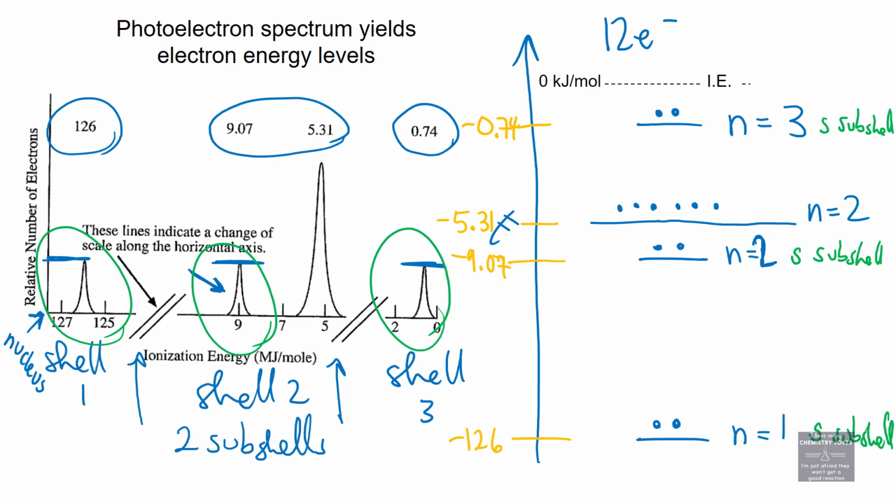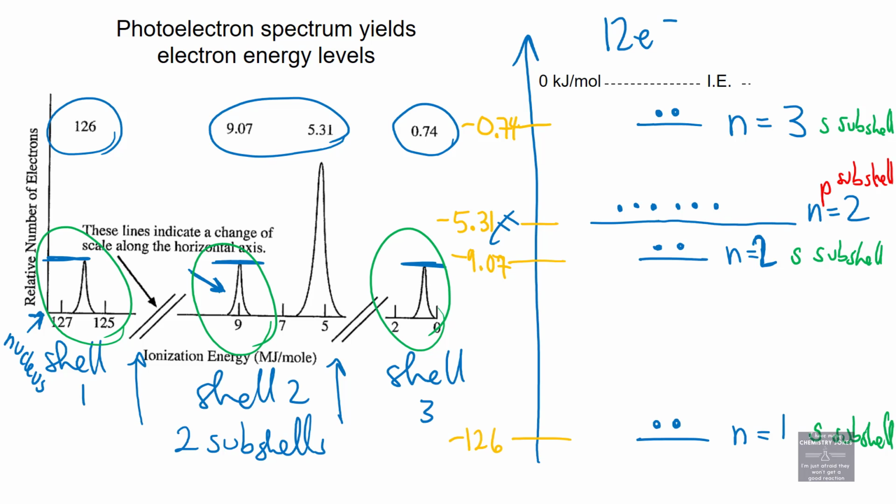So as you increase the shell number, the first place electrons go is into the S subshell. So in shell 1, you fill the S. That's all there is. In shell 2, you fill the S first, and then you fill a subshell called the P subshell. A P subshell can hold up to 6 electrons.